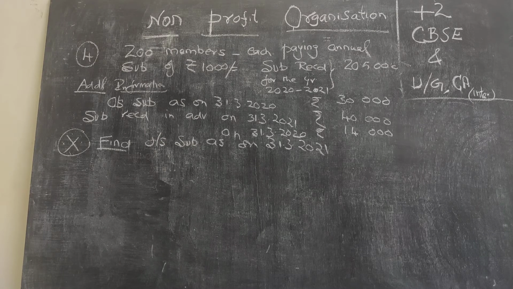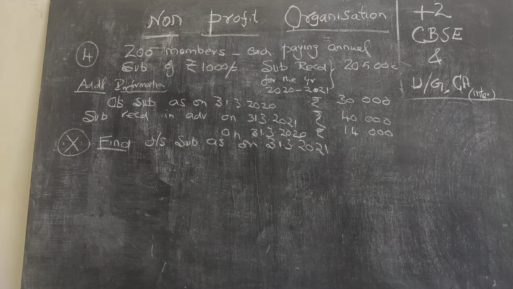Now the fourth problem. A club has 200 members, each paying an annual subscription of 1,000 rupees. Actual subscription received for the year 2020-2021 is 2,05,000. Additional information: outstanding subscription as on 31st March 2020 is 30,000.